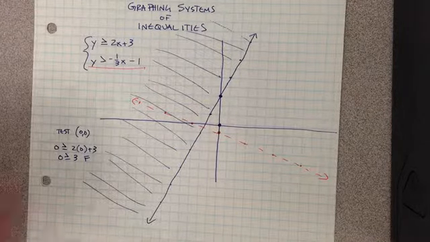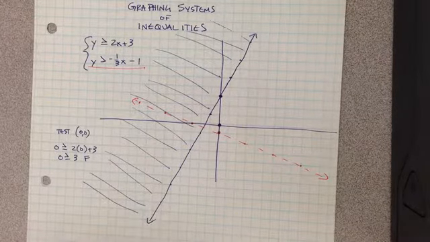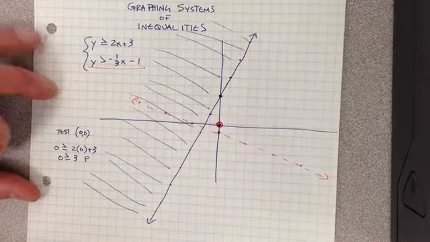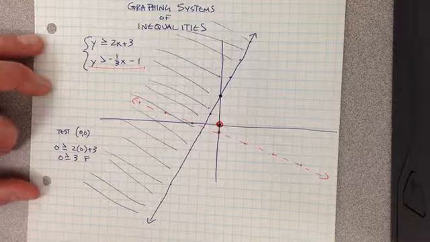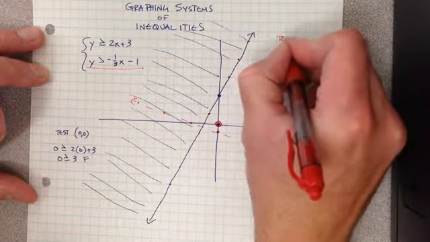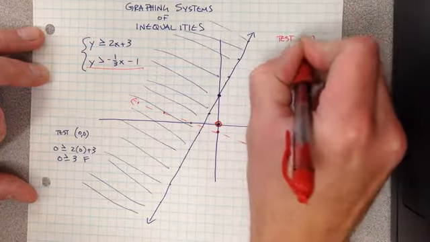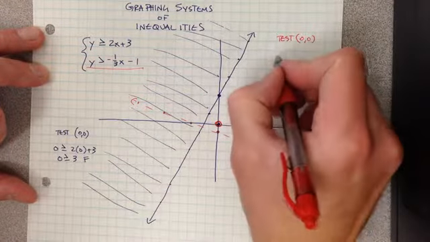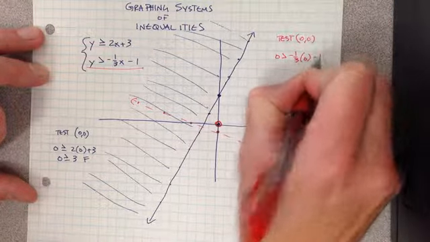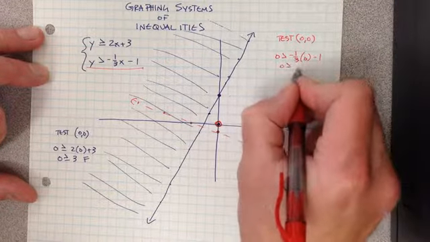Next, let's look at the red, and we're going to pick a test point for the red. Since it's not on the line, you could also test 0, 0 for the red. Test 0, 0 for my red. 0 is greater than -1/3 times 0 minus 1. 0 is greater than -1.